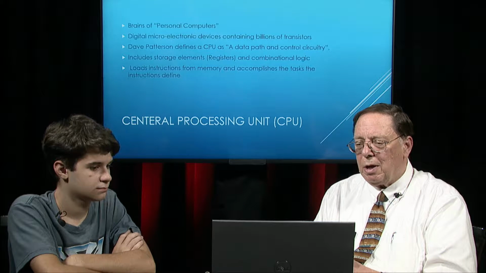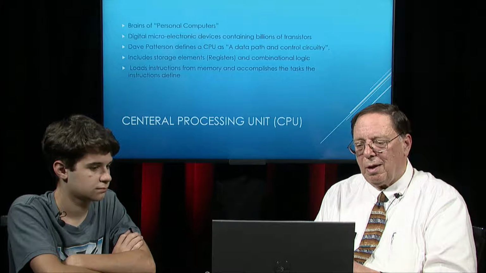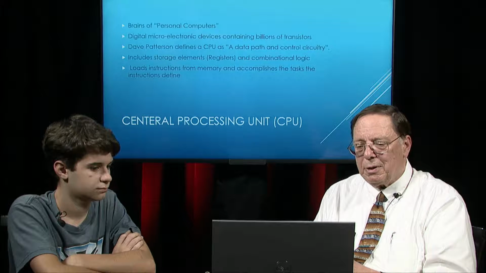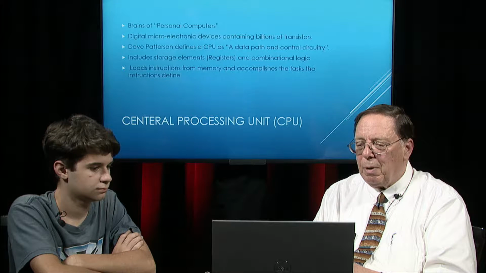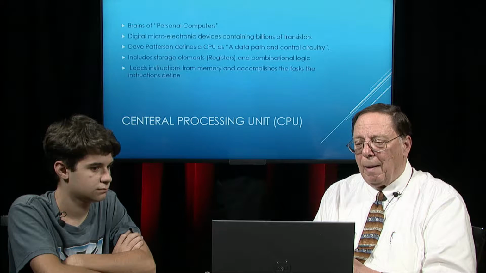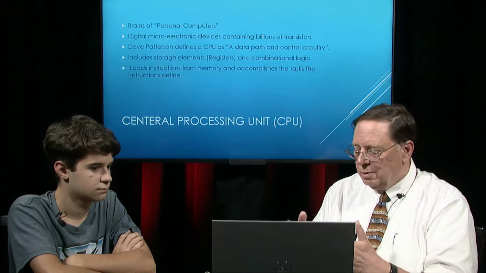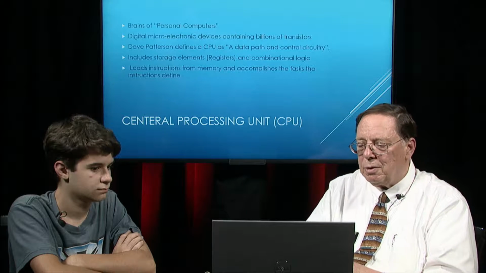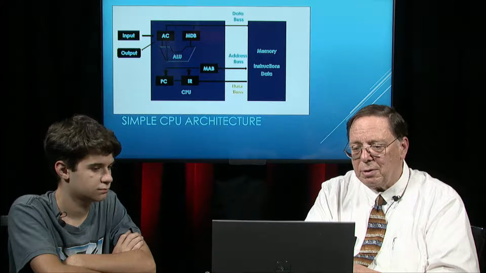It includes storage elements like registers and combinational logic. What happens in a CPU is we load instructions from a memory and accomplish those instructions. We take the instructions, we do what's defined by that instruction in that central processing unit.